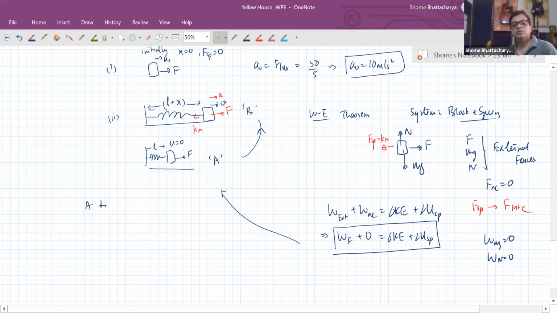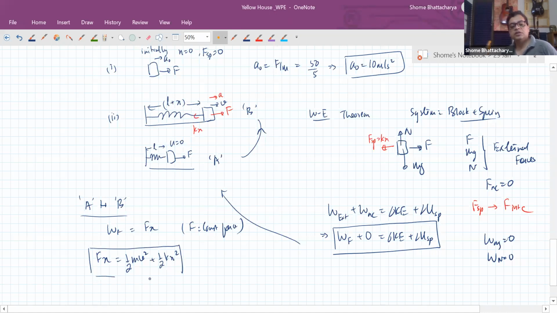Work done by F will be F into x because F is a constant force. So F into x is equal to half mv square plus half kx square. This is your work energy relation.